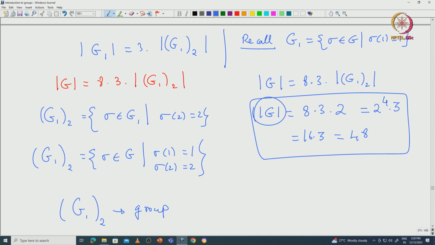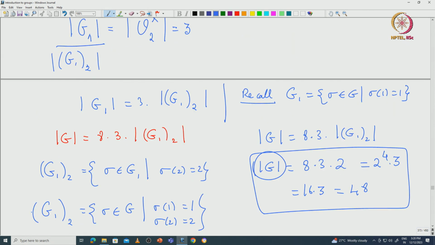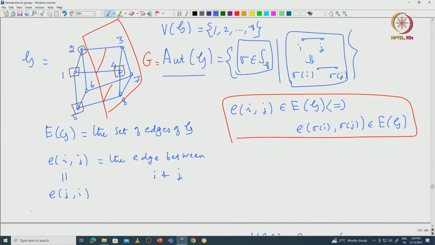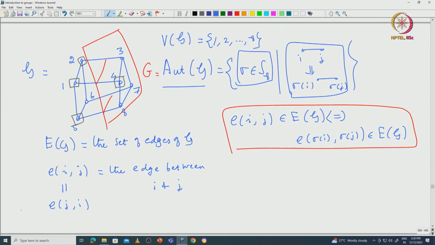There is lots of symmetry going around. So one can use those symmetries and try to compute everything explicitly for these groups and group actions. This actually demonstrates the power of the orbit stabilizer theorem.